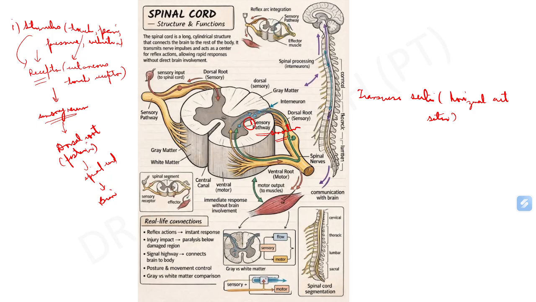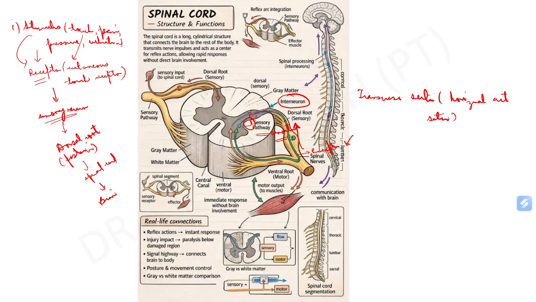So, as you can see here, the sensory pathway comes from your receptor, which is situated somewhere here. Receptor will receive the information. It will send it to the dorsal root via the sensory neuron and send it to the spinal cord. Then there is an interneuron located in the center.